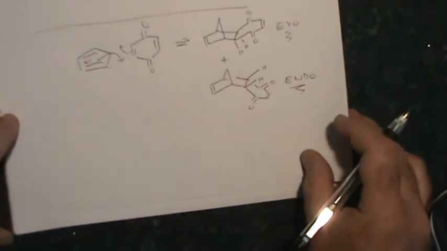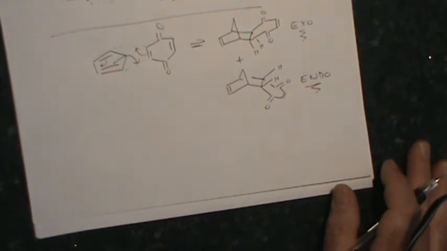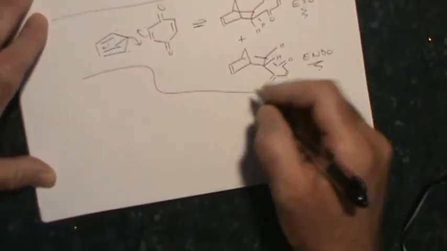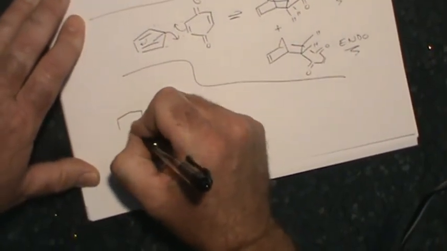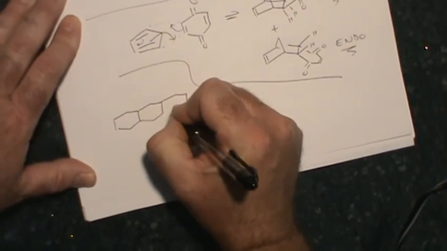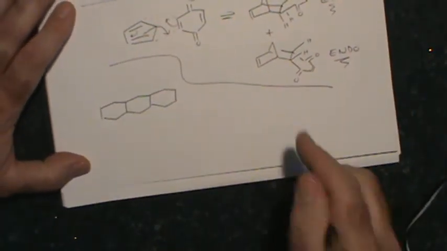Let me give you one final example of a Diels-Alder cycloaddition. This one's going to involve a very interesting molecule. I'm going to put 3 benzene rings together.